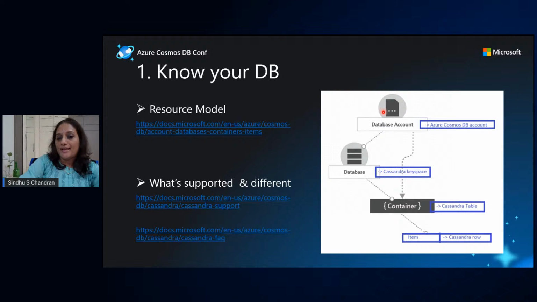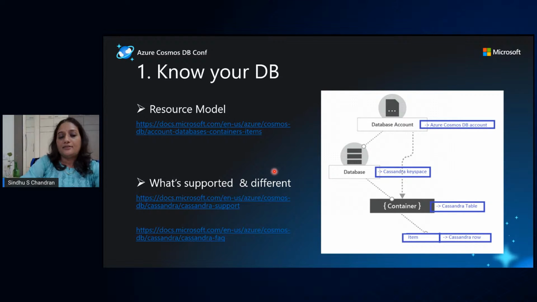So you create this for Cassandra, and the database here that you create maps to the Cassandra keyspace. Within the database, you can add multiple containers, and container is the term which maps to a Cassandra table. And the items here map to Cassandra rows. So this is the first important part to understand.